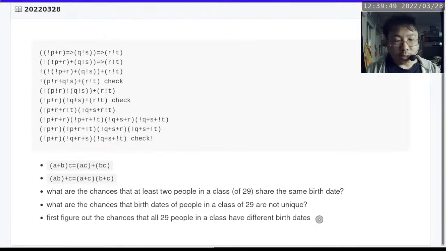This one is kind of simplified. All right, so how do we approach this? One thing you can do is to say, in order for this to happen, let's put all the dates in a year, okay? January 1st, January 2nd, January 3rd, all the way down to December.